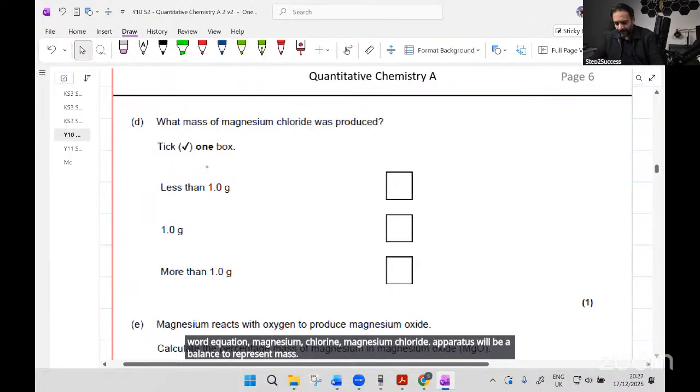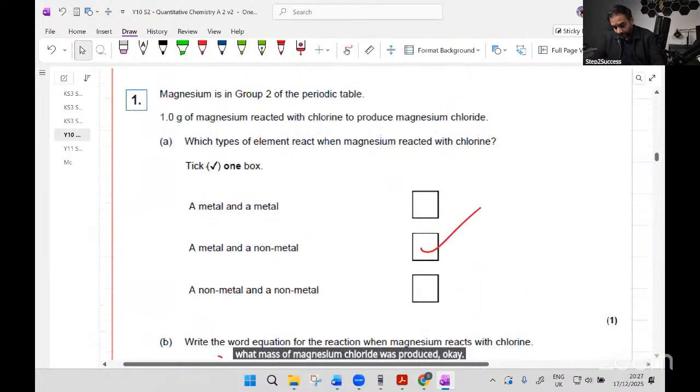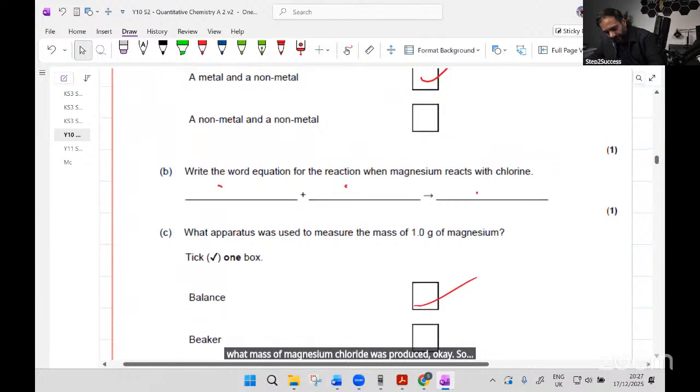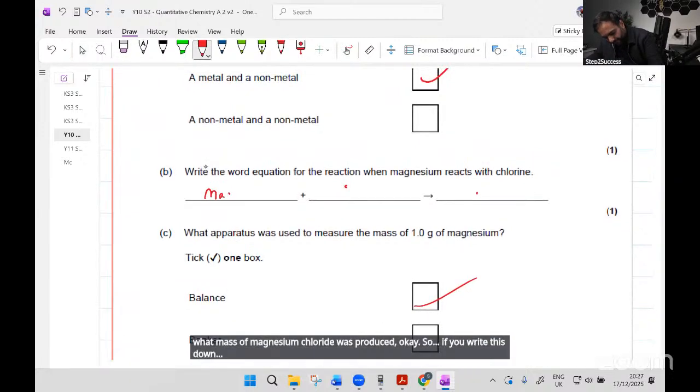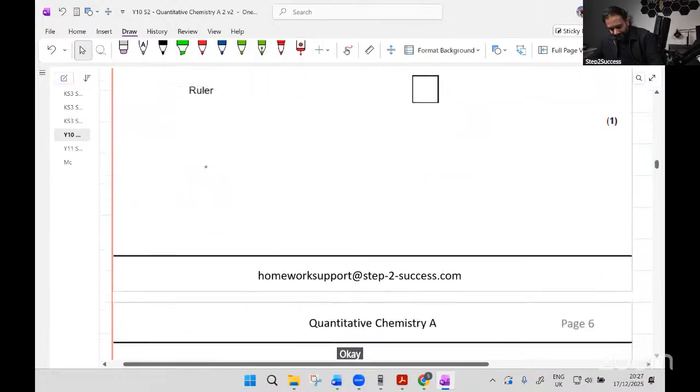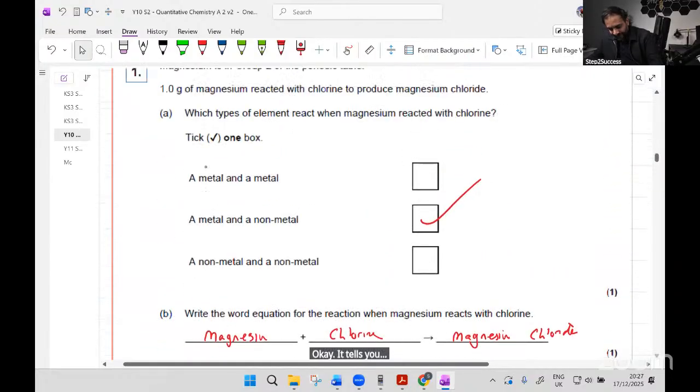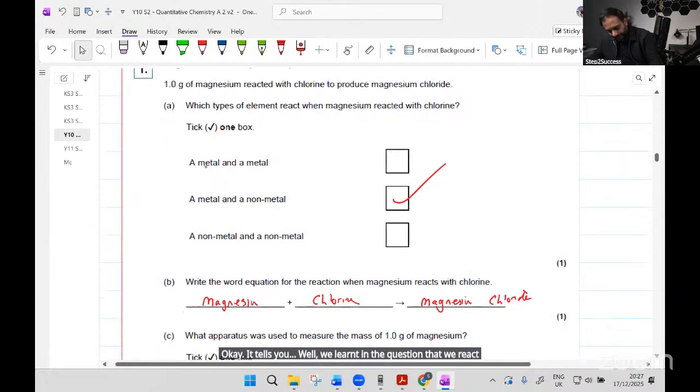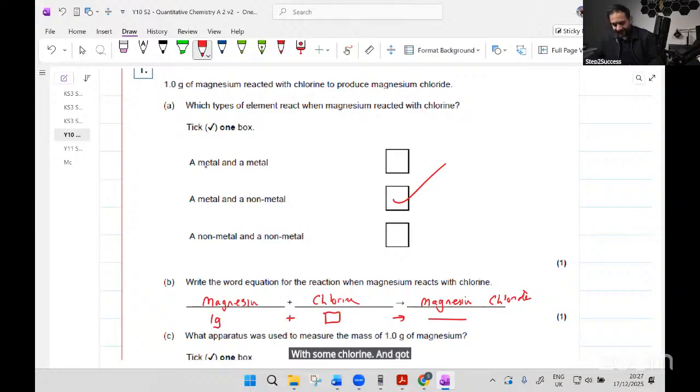What mass of magnesium chloride was produced? Okay, so if you write this down, we learnt in the question that we reacted 1 gram of magnesium with some chlorine and got magnesium chloride.